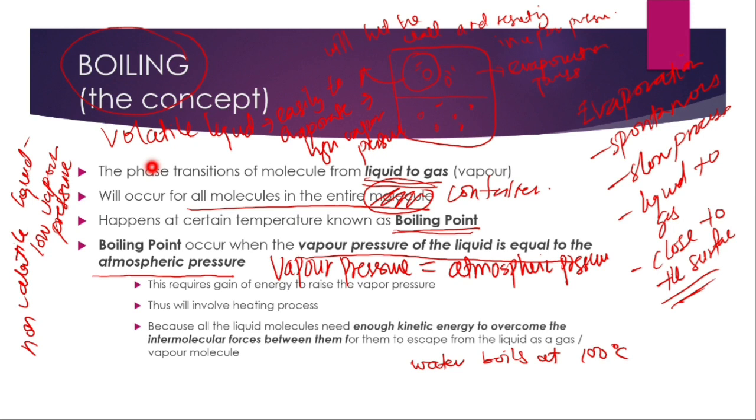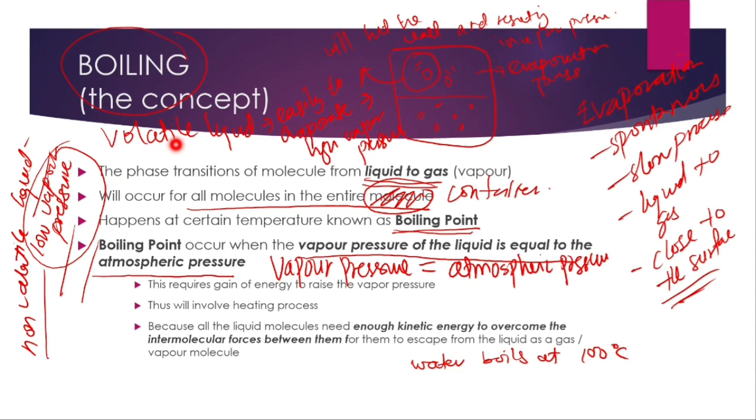For those volatile liquids which already have high vapor pressure, it just needs a little amount of energy to raise its vapor pressure to equivalent to the atmospheric pressure. But for non-volatile liquid, which has low vapor pressure, it will require a lot of heat for its vapor pressure to reach the atmospheric pressure.